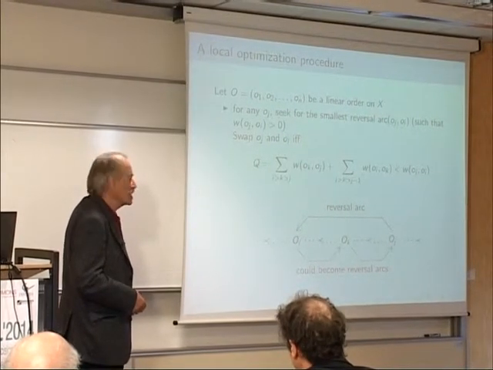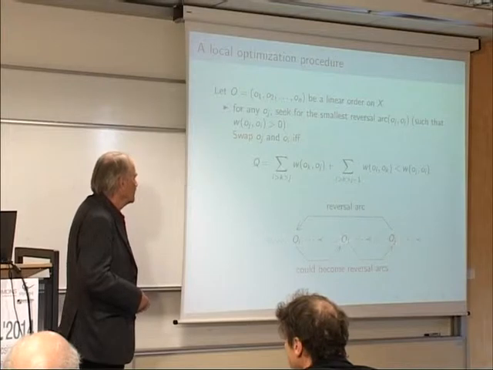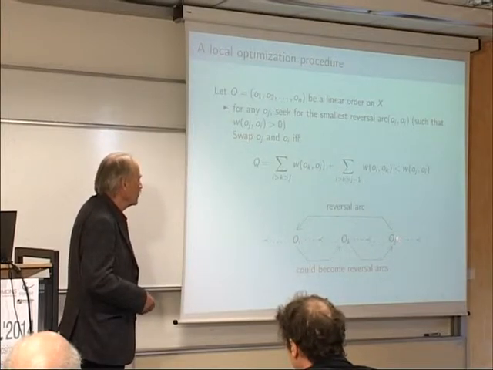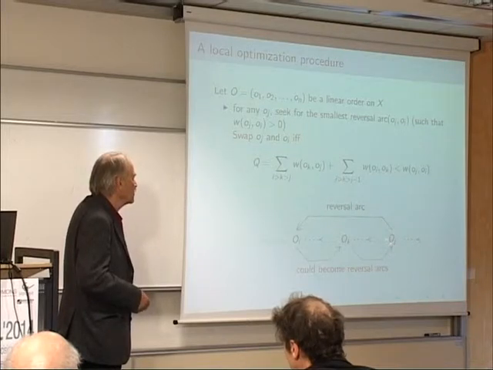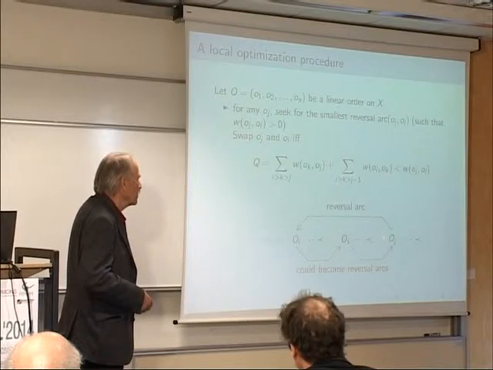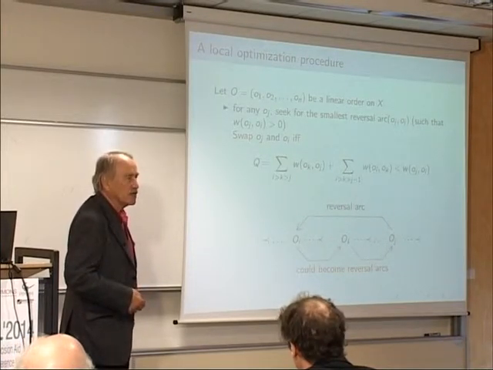If Oi is before Oj, and this is a small arc, and you don't have any arc beginning on Oj and finishing before Oi, then you can exchange Oj and Oi.